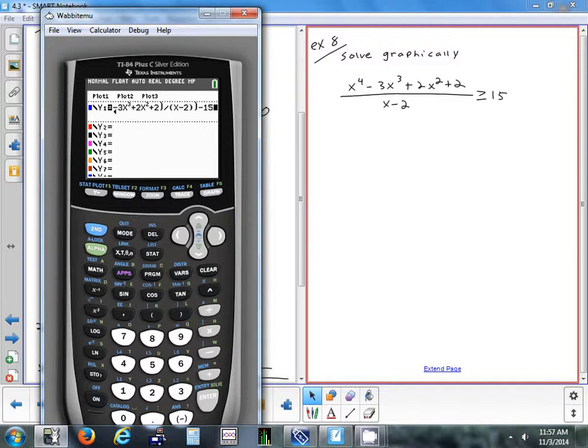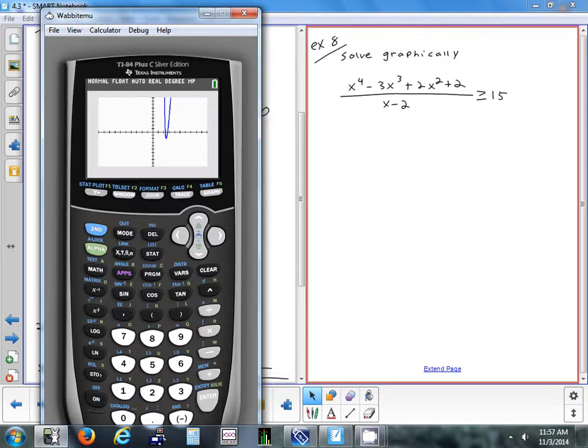So we're going to look for where is this graph below the x-axis. Okay, so it's graphing it. It looks like we have a couple spots.